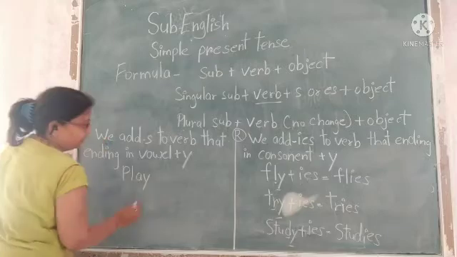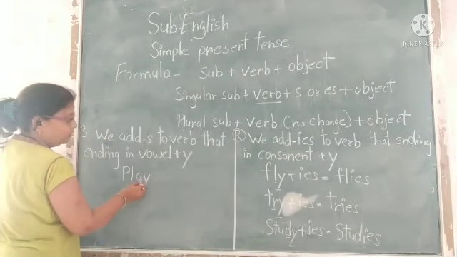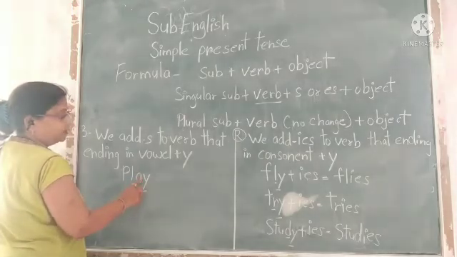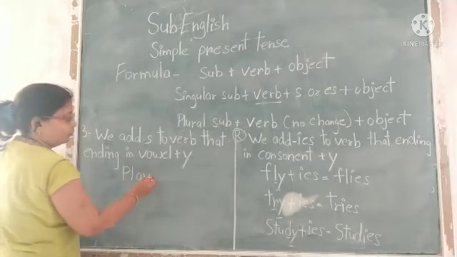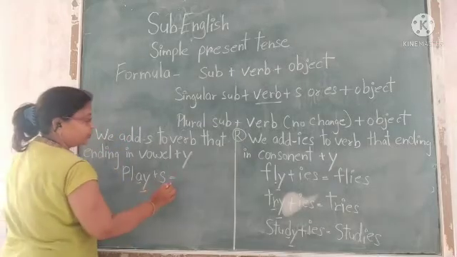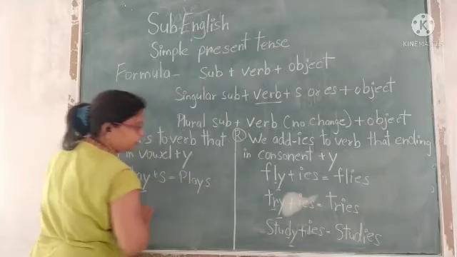P-L-A-Y, play. Its ending letter is y, and before y we will find a, and a is a vowel. So we add only s in this verb. So our verb will be P-L-A-Y-S, plays.